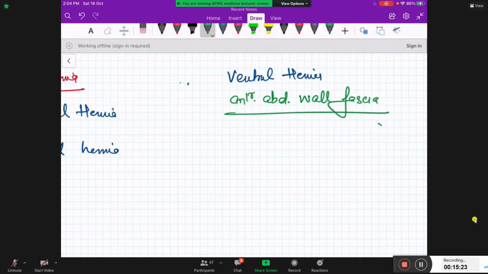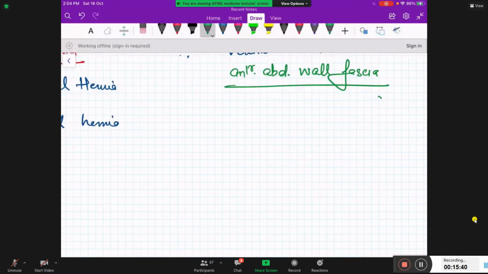All those hernias which are coming out from anterior abdominal wall fascias are called ventral hernias. Now, with this definition in mind, can you tell me any ventral hernia you know?